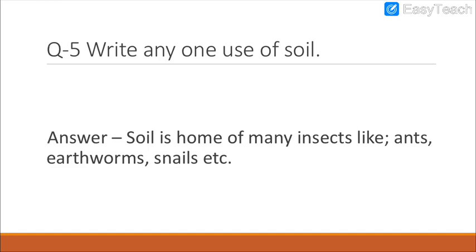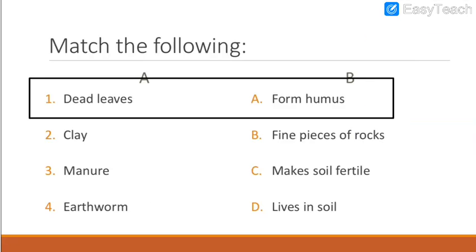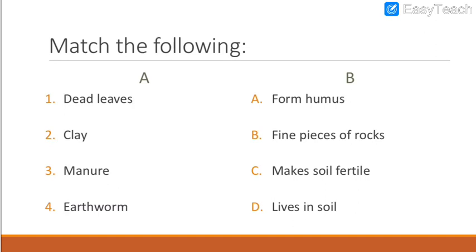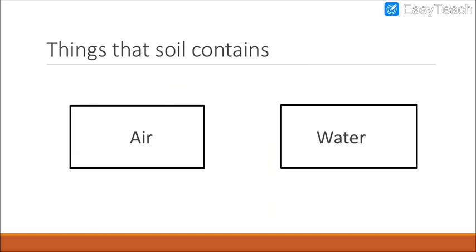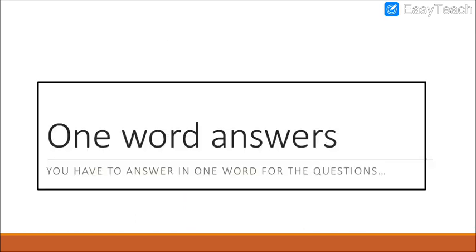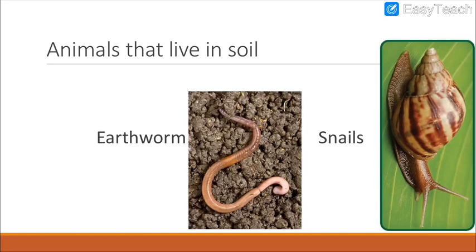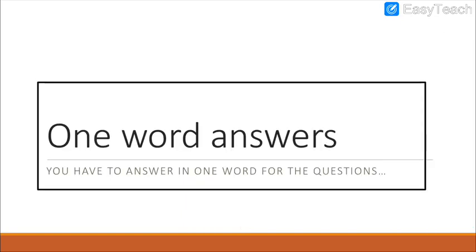and this is the end of the lecture. So first of all, I showed you the match the following, the question and the correct answer matched with it, and after that the give two examples answers we solved here. Yes, some of the pictures also I showed you, if you remember, of earthworm and snail.